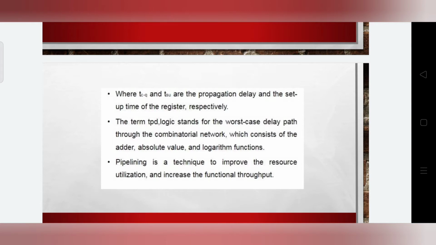Pipelining is a technique to improve the resource utilization and increase the functional throughput. Each operation would consume a finite period of time. Let us assume that each operation consumes 4 nanoseconds, 35 nanoseconds and 60 nanoseconds respectively. That is, subtract A and B to get A minus B, get the magnitude of A minus B, and evaluate log of A minus B. The process can be represented pictorially.